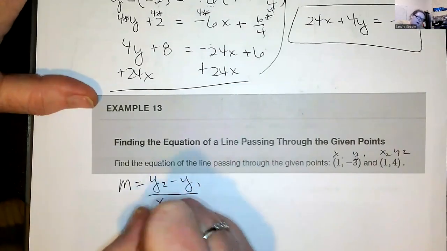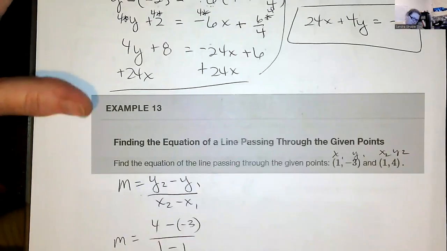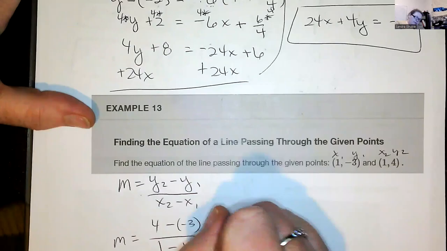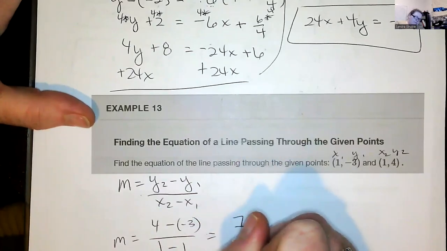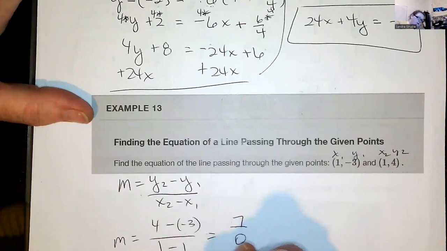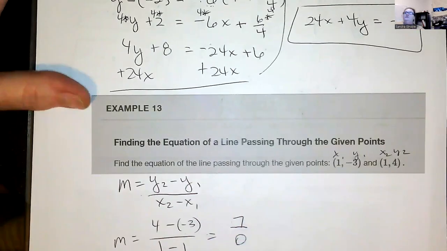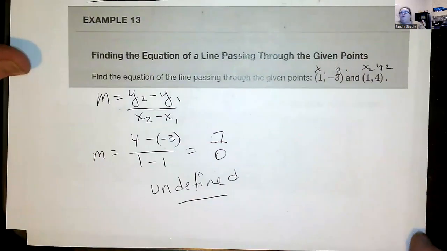Oh, I should have done this one in class. Might have to go back and do that. All right, so that's 4 plus 3 is 7 over 1 minus 1 is 0. That is an undefined slope.